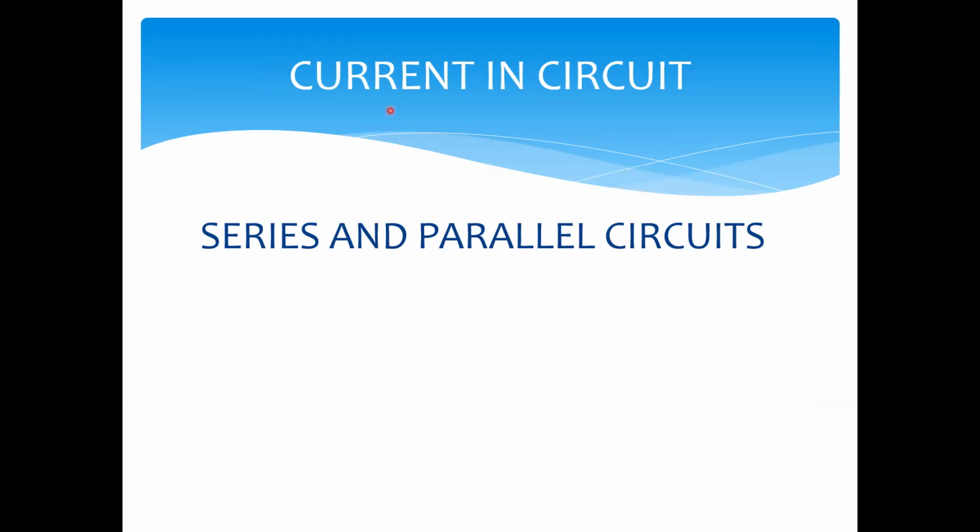Then current in series. If we have a series circuit, the current will be the same across each component. And if we have a parallel circuit, the current will divide between the components. Then the connection of an ammeter: how do we connect an ammeter if we want to measure the current?